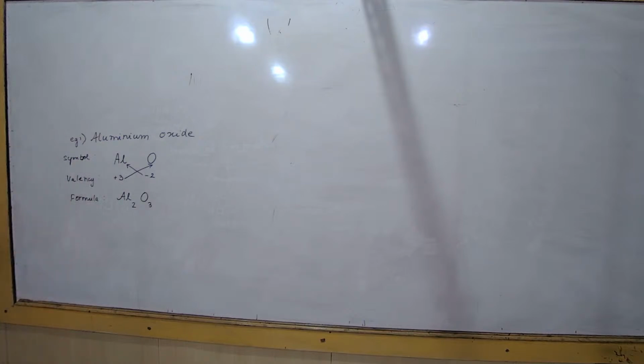Abhishek has got it or no? So what is the meaning of this, Abhishek? Al2O3, what does it indicate? There are two atoms of aluminium and three atoms of oxygen in a molecule of aluminium oxide. Come on, you write it down.